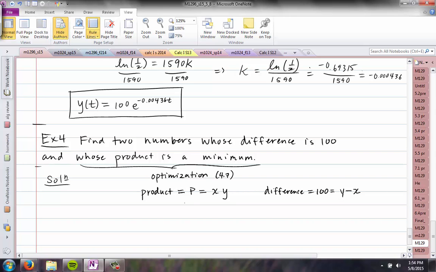Now, again, this product one is going to be the one that we need to sub stuff into so that we can get this in terms of just one independent variable. So we're going to use the 100 equals y minus x here to solve for one of these, either x or y. I'm going to solve for y.